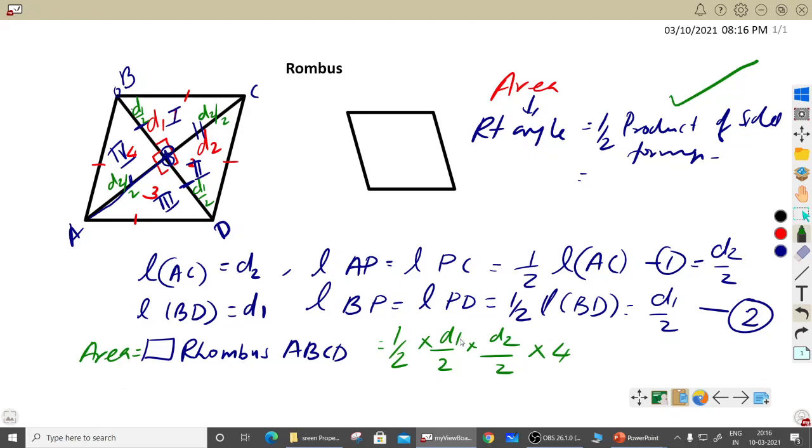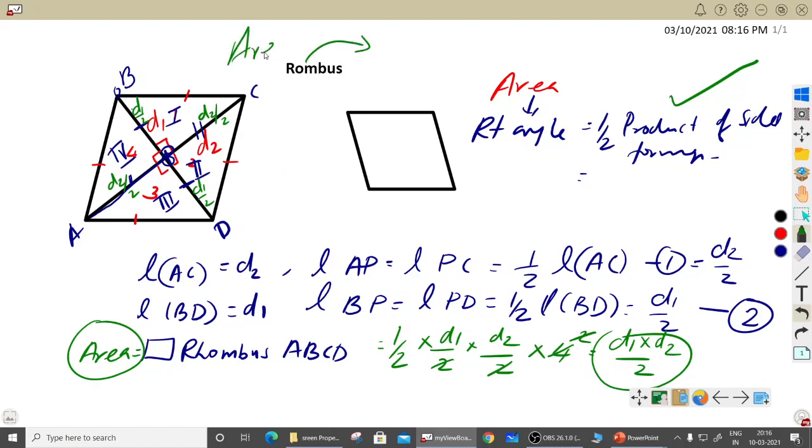If you solve all this, what will happen? 2 times, again 2 get cancelled. You will get D1 into D2 upon 2 as the formula of the area of a rhombus. How will we write that? Area of rhombus is calculated by the formula D1 D2 upon 2.